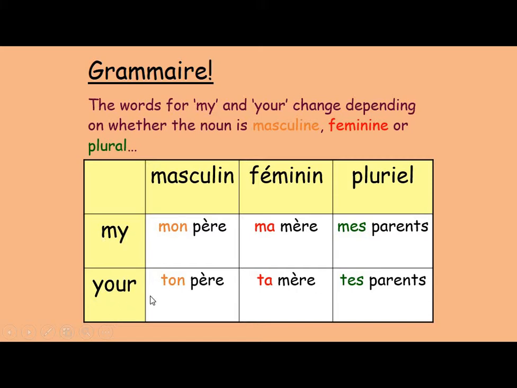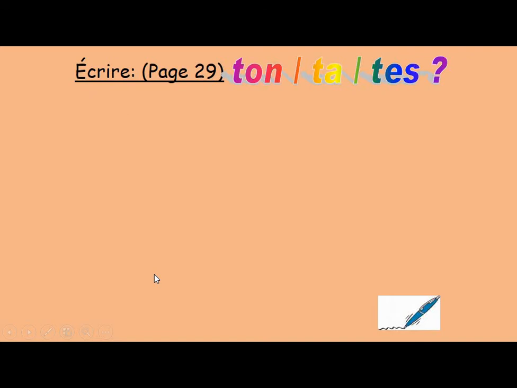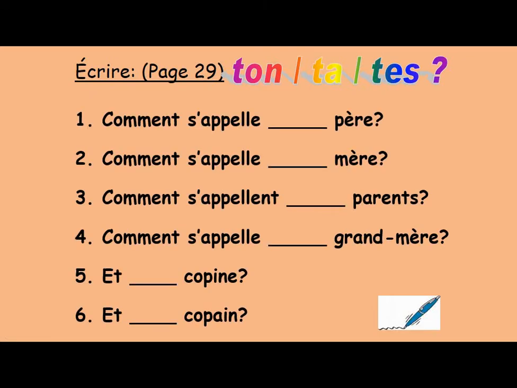So, using this little part of the grid here, ton, ta and tes, you need to fill in the gaps. Again, you did a very, very similar task, lesson 2, with mon, ma and mes. Remember, all you had to do was look at the last word and decide, is this a male family member, a female family member, or is it plural?